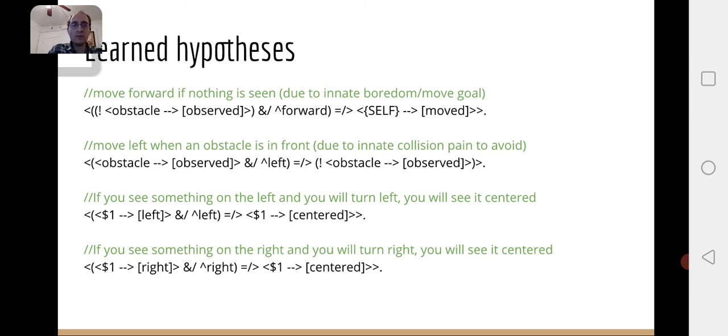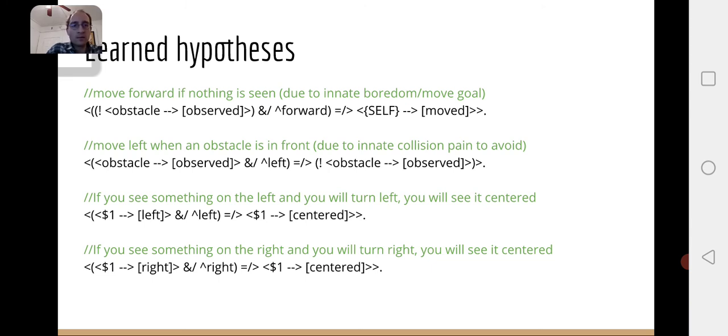This is not something we give it, it's just something it picks up based on this innate drive not to have an obstacle close to it in front. And this innate drive to keep moving makes it move when there is no obstacle.